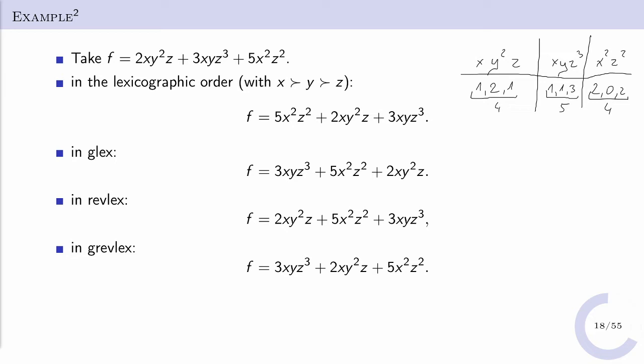Let me comment a bit on that, because first of all, it of course influences the order of monomials of a polynomial, the order of terms of this polynomial. But this is not just a question of aesthetics and how we write and present it.